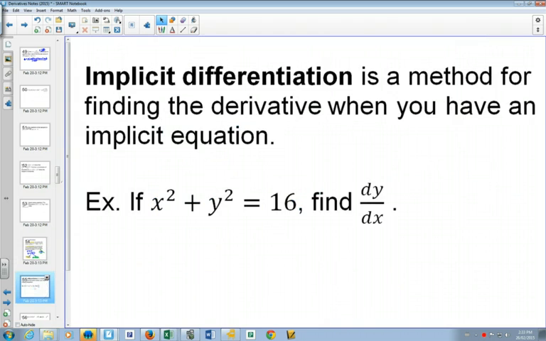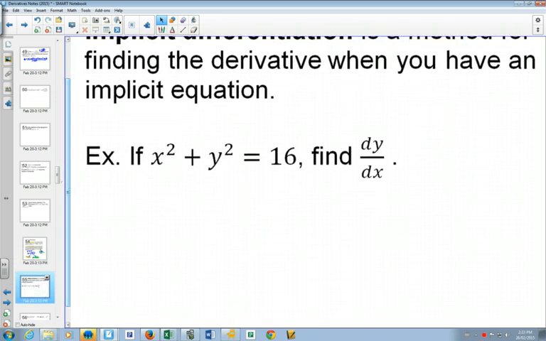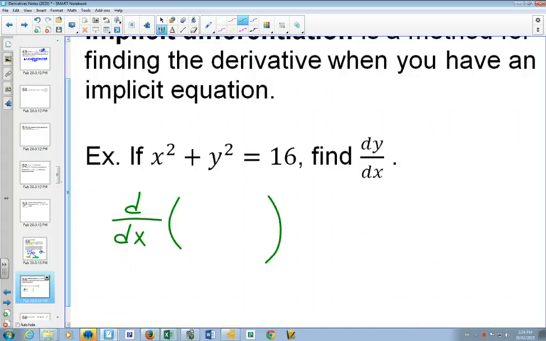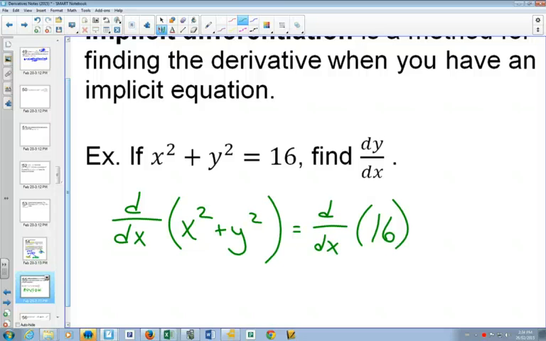So the way that implicit differentiation works looks like this. If I want to find the derivative dy/dx, I take the derivative of my entire equation. I take the derivative of the left side, and I take the derivative of the right side.